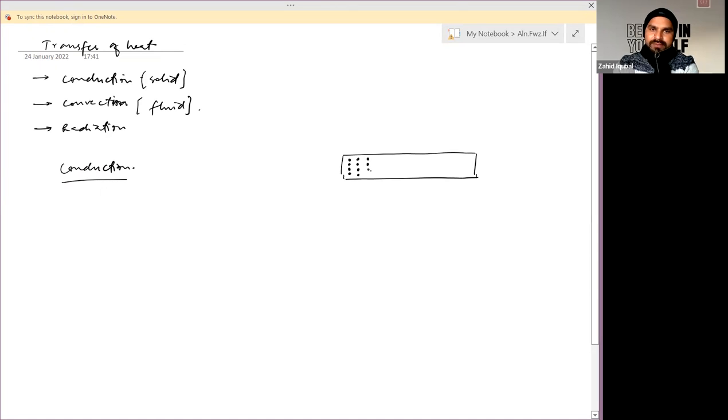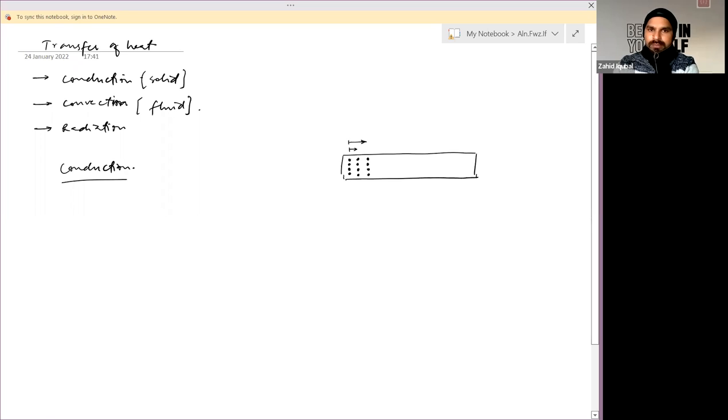Still, they will have some minimum separation in between them. Now, if you supply heat to any one end, it will cause an increase in their vibrational energy. So initially, they were vibrating up to this point only. Now, on applying heat to this end, vibrational energy or kinetic energy due to temperature increases. So they will tend to vibrate over longer distances.